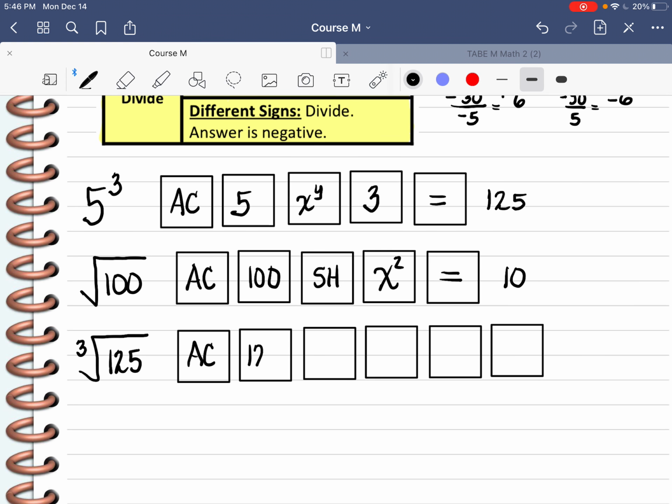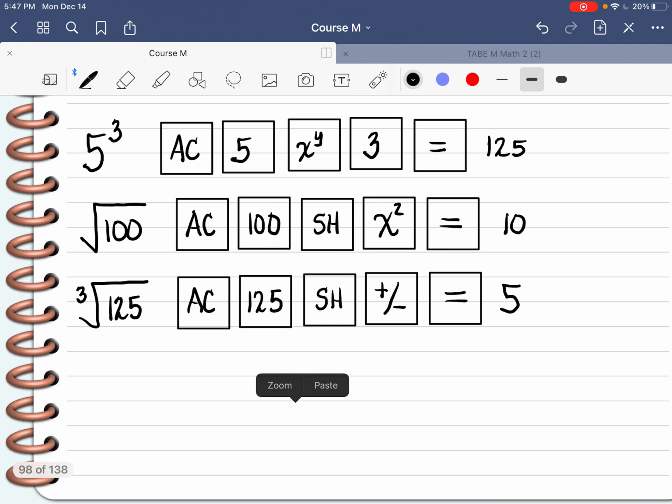Put in your 125. Press the shift key. And then that plus minus key, the positive negative key. And equals. And you should get a 5 on this one. Because 5 to the third power is 125. So the cube root of 125 is 5.